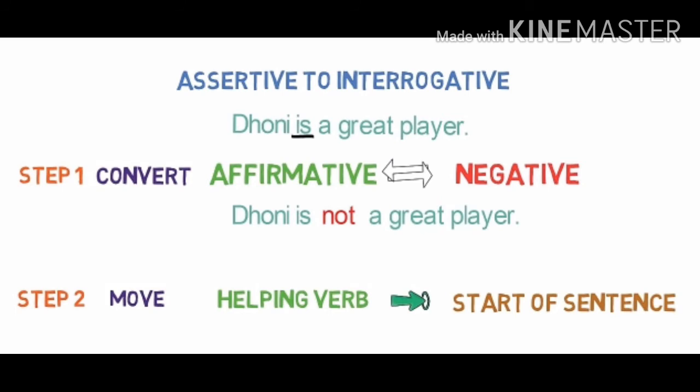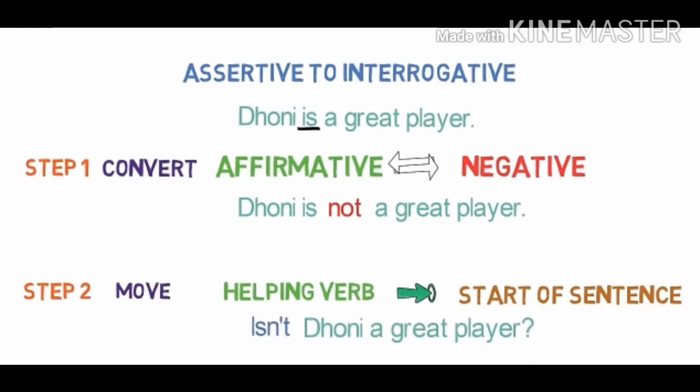So after applying step 1, the sentence would be Dhoni is not a great player. That was positive, we converted it into negative. Now moving the helping verb to the start of the sentence along with the negation, which is step 2, it will be Isn't Dhoni a great player? with a question mark. This is how we convert the assertive sentence to an interrogative sentence.